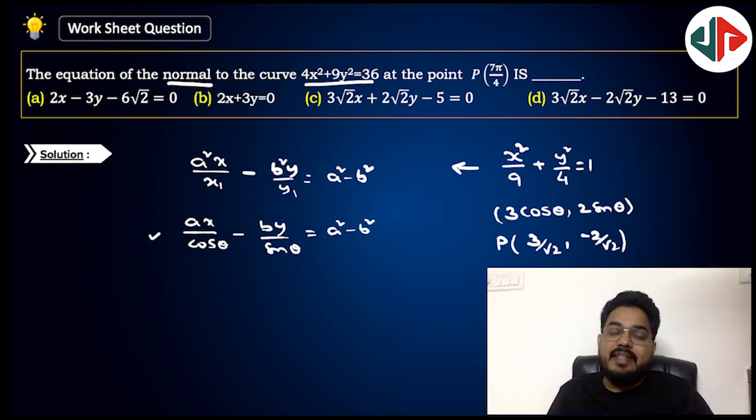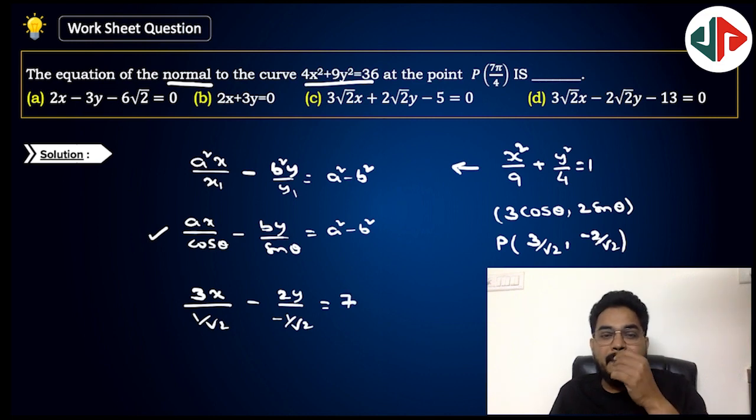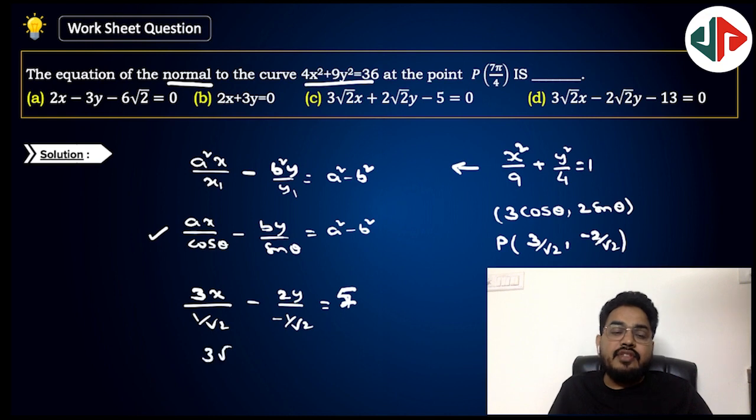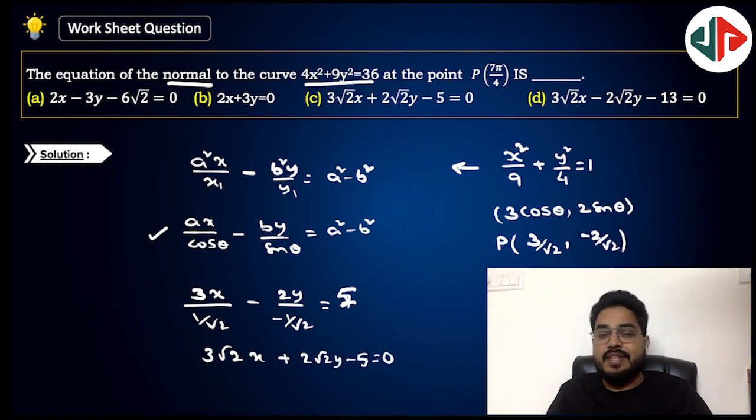But at this level, we need to remember this one directly. So 3x by 1 by root 2 minus 2y by minus 1 by root 2. A square minus b square is 9 minus 4, sorry, this value is 5. So the answer is 3 root 2 x plus 2 root 2 y minus 5 is equal to 0.